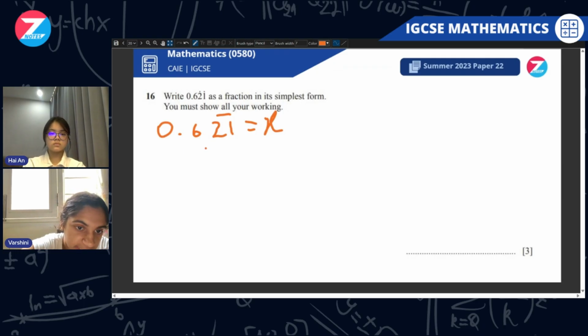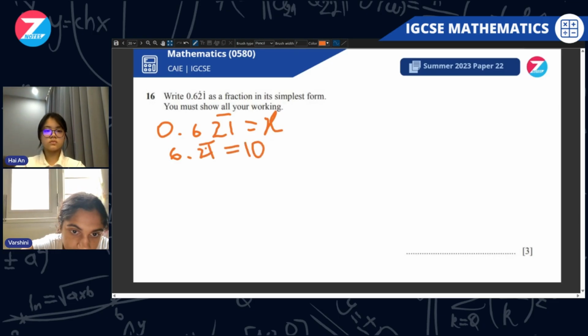So we can say that 6.21 recurring equals 10x. And the second thing we need is all the repeating numbers on the other side of the decimal. So the decimal is over here, and we need to move it 1, 2, 3 places.